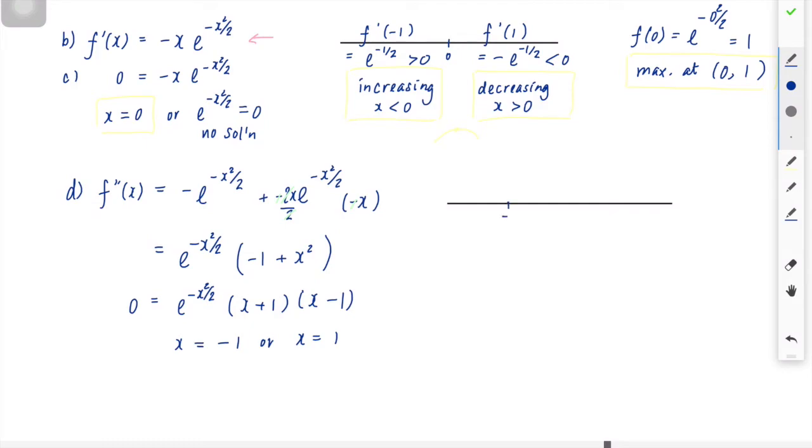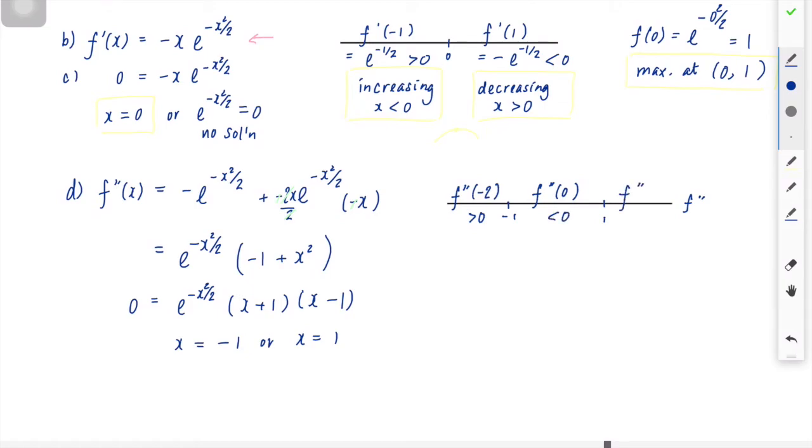Negative 1, positive 1. Let's test out f double prime. Pick a number, say f double prime of negative 2. I have 4 minus 1, 3, and that's positive. And then let's pick, say, can I pick 0? I think so. If I pick 0, I get negative.